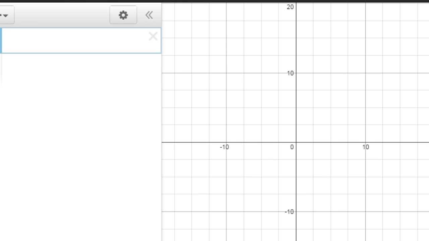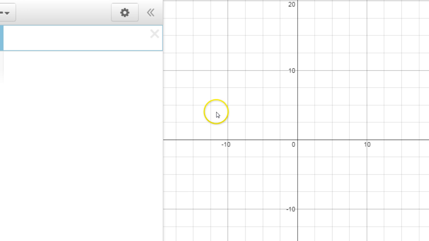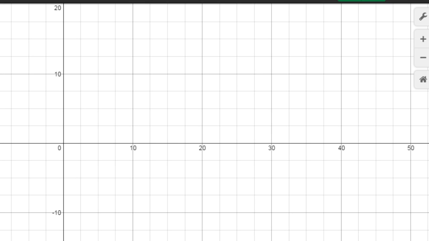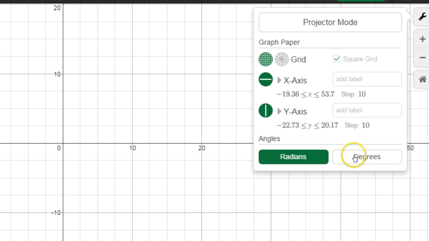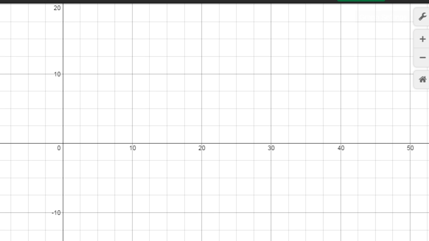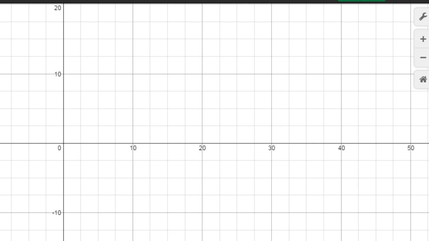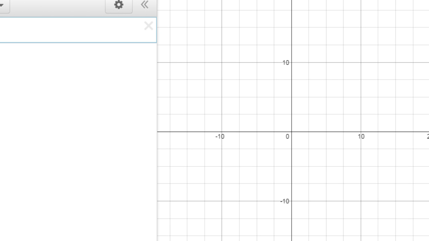All right, so what I'm using right now is Desmos, and I'm going to show you guys exactly what's going on. All right, so here's the thing. Before you ever use any kind of calculator with trig, you need to go to the settings menu and change it to degrees. All right, until you get to pre-calculus, you won't even touch the other part. So basically from here until you're in pre-calculus, you'll be using degrees.